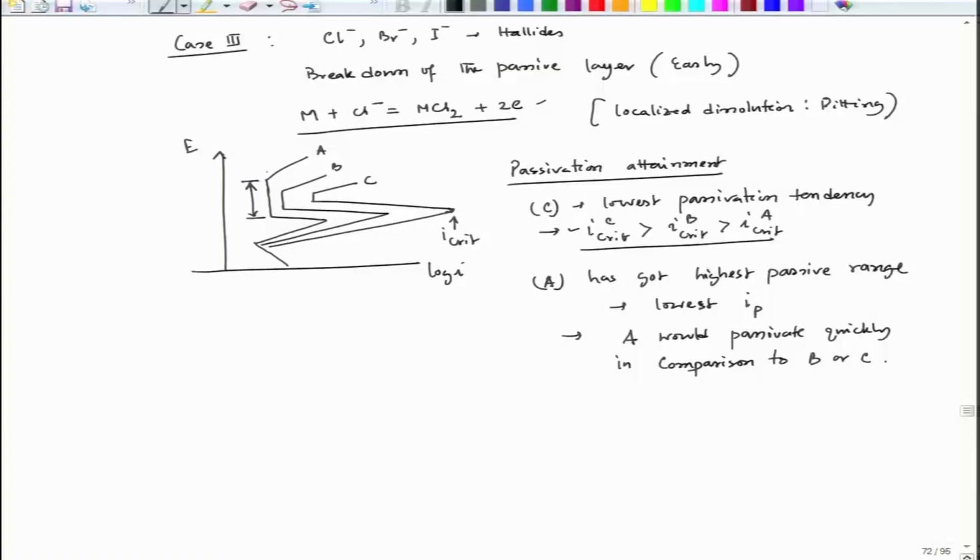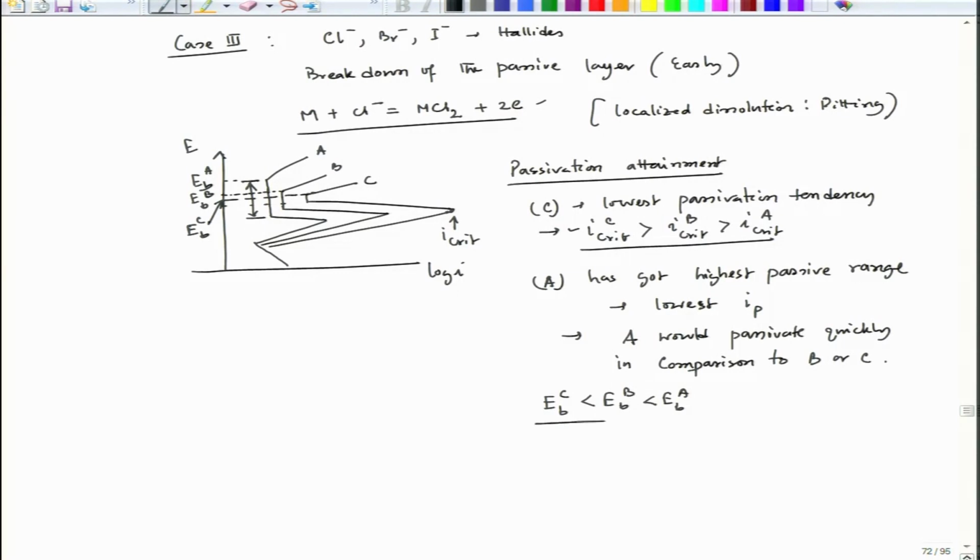Now, if we try to see the breakdown, if this is EB, so this is EB for A, this is EB for B, and this is EB for C, and we could see that EBC is lower than EBB is lower than EBA.